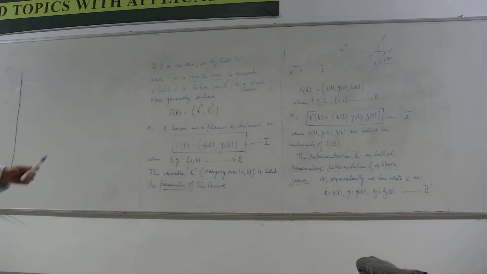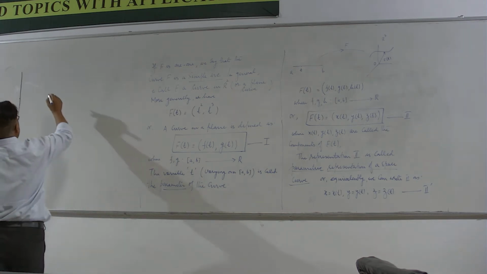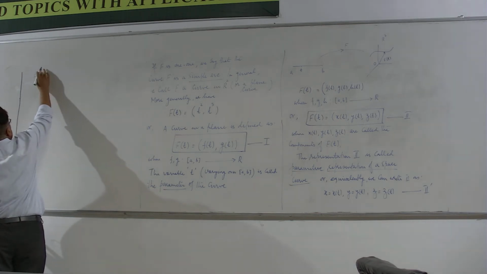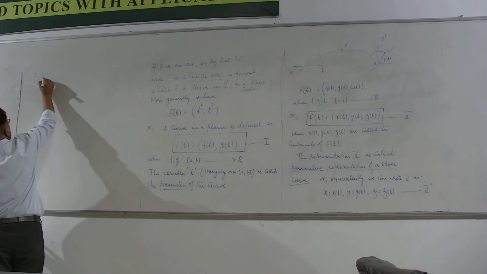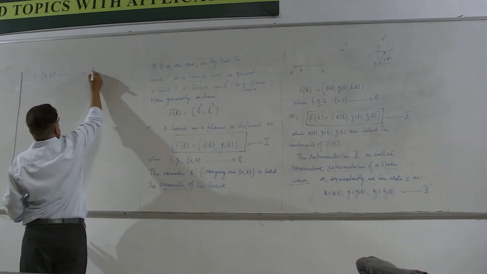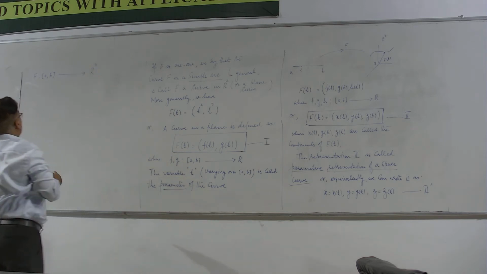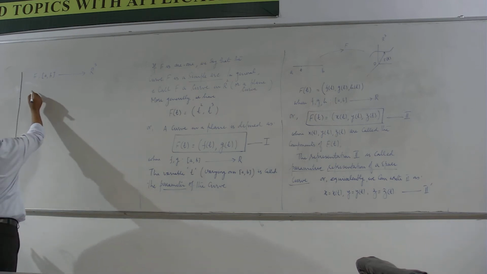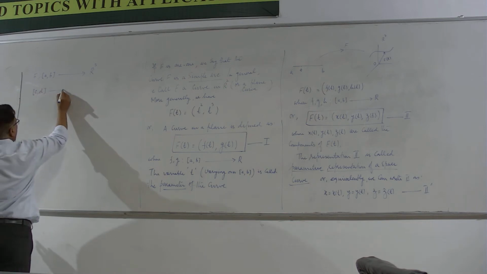For example, I have this curve given as, say, f is a function from an interval a b into R 3, and now I can think of a map, say, from some other interval c d to a b.